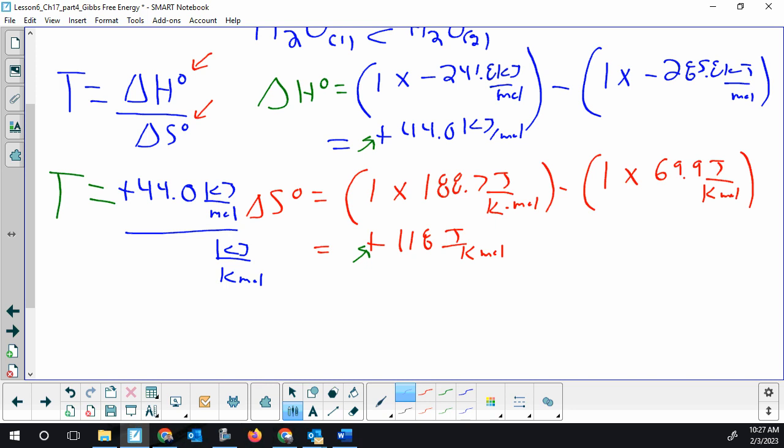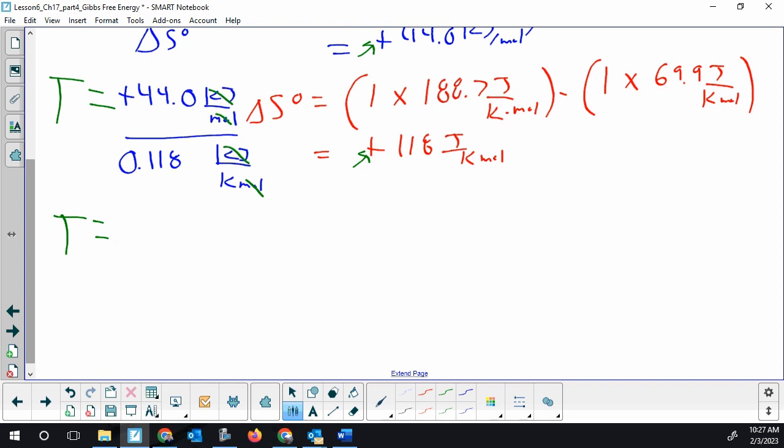So 118, if we divide it by 1,000, is 0.118 kilojoules per Kelvin per mole. Our moles cancel, the kilojoules cancel, and the only thing we have left is Kelvin.